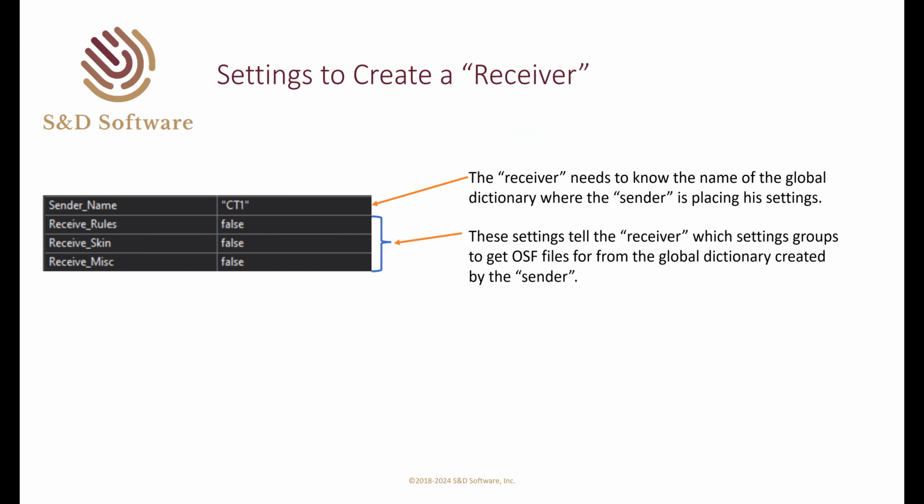To create a receiver, again, very simple. We again have to give him the name of the global dictionary that we want him to take his settings from, the one that was created by the sender we're interested in. And we just have to tell him what to get from there.